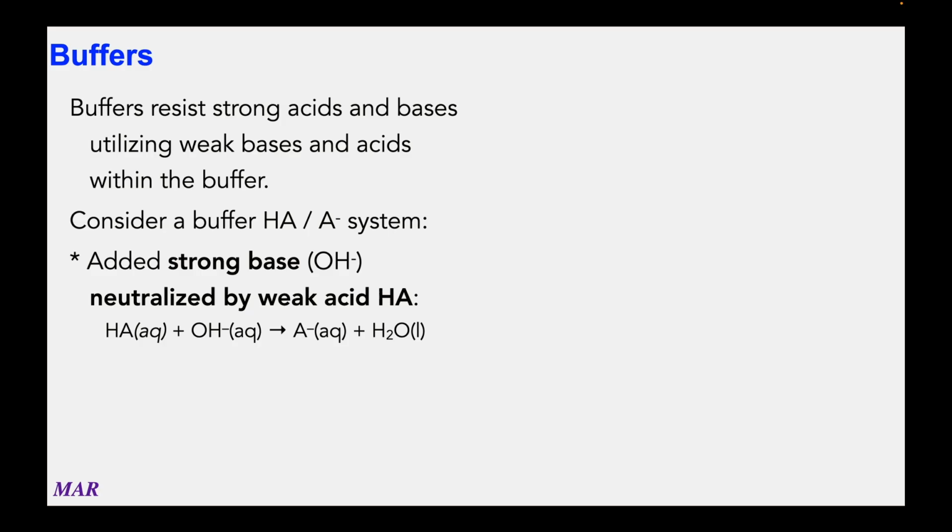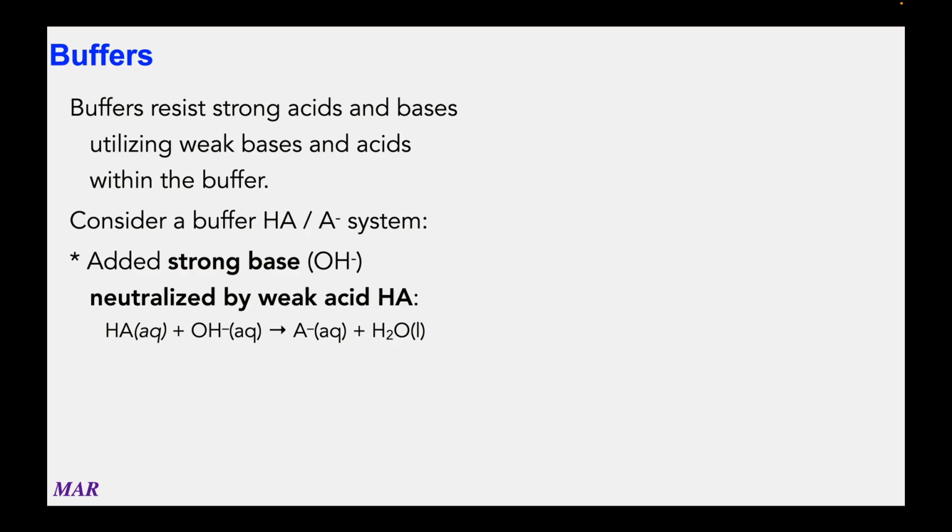Let's consider a buffer with some random acid HA and the conjugate base A-. And let's think about what happens if a strong base is added here. Strong bases are going to go after the weak acid, HA. So hydroxide will react with HA to make A- and water.